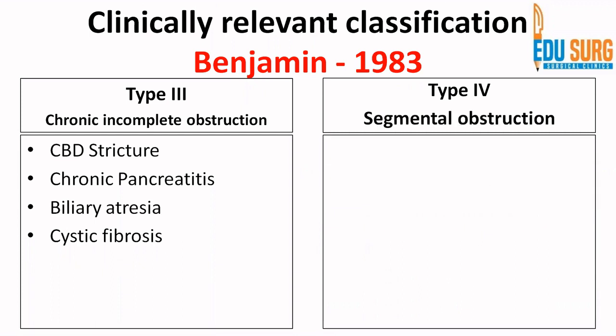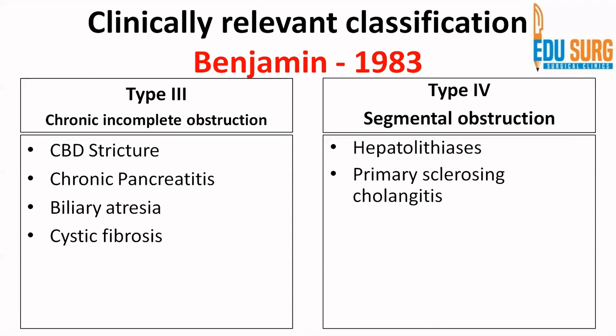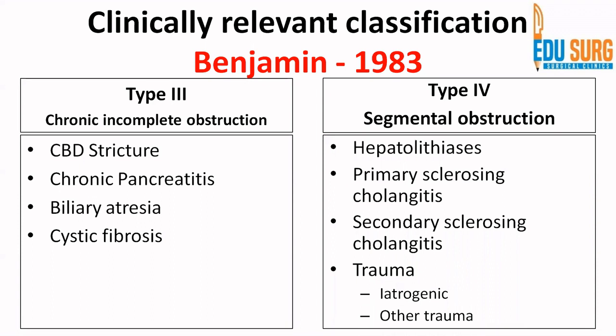Now, type 4 is segmental obstruction, and this is very classical of primary sclerosing cholangitis. Okay, you will see segmental obstruction in primary or secondary sclerosing cholangitis. New types of cholangiopathies that are being identified, like IgG4 related cholangiopathy or autoimmune cholangiopathy or HIV related cholangiopathy, all these usually have segmental obstruction.